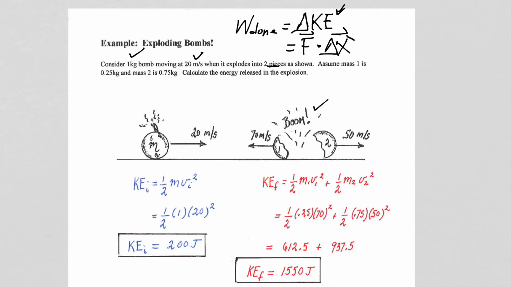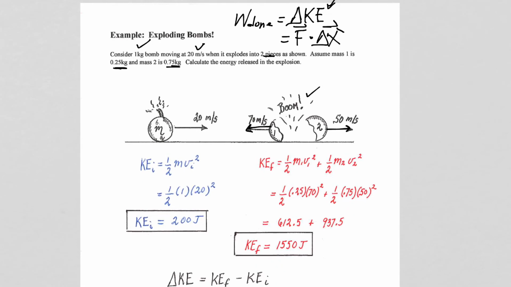The one piece is going to the left after the explosion at 70 meters per second. The second piece is going to the right at 50 meters per second, and we're told that the second piece is bigger at 7.75 kilograms, and mass 1 is 0.25 kilograms.